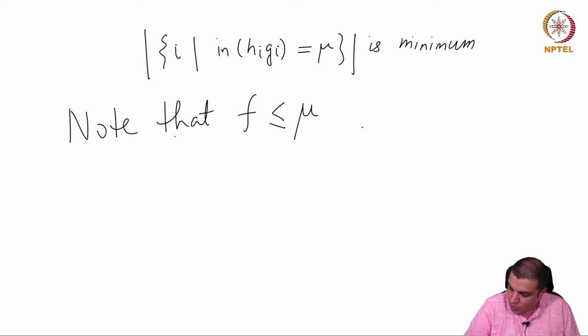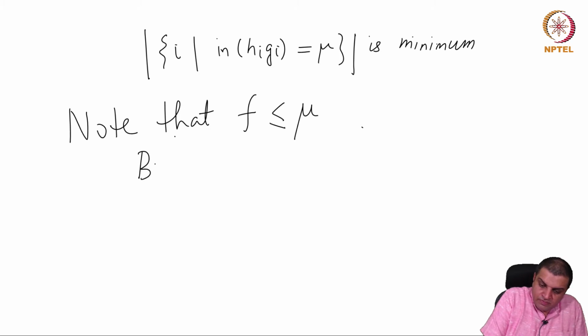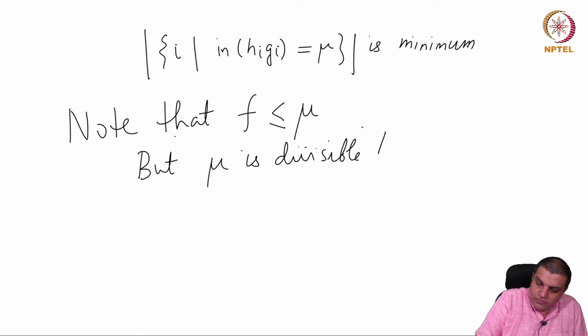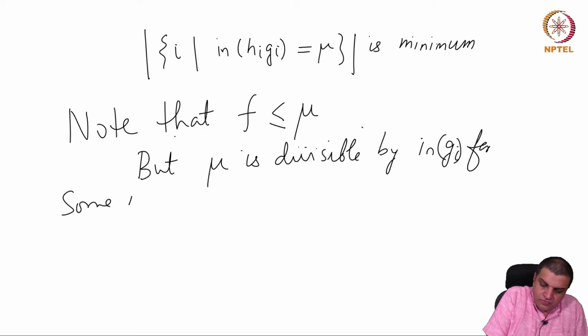But we can say more, because if mu is divisible by the initial term of Gi for some I, but the initial term of F is not.